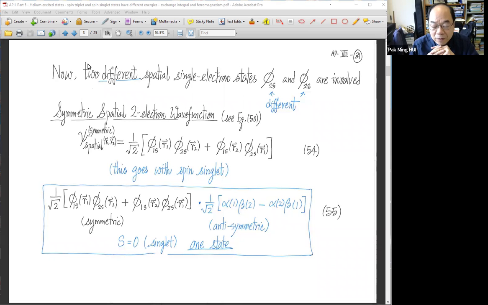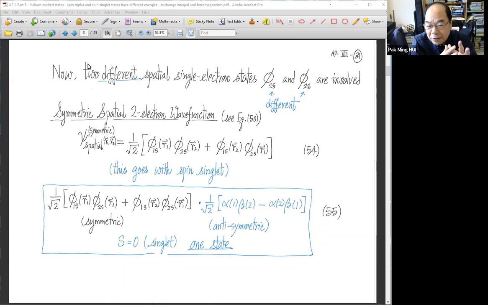So we were thinking about a low-lying excited state, not a very high excited state. We are thinking about one electron in the independent particle approximation in 1s and then a 2s.